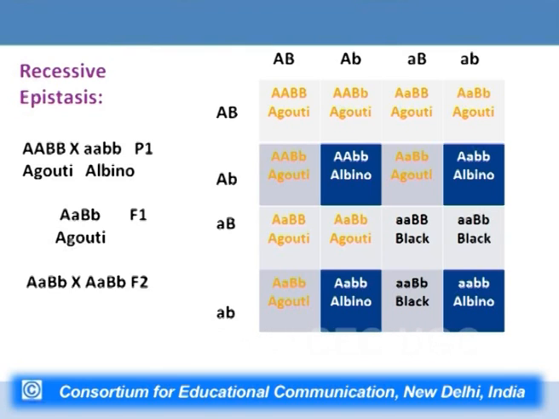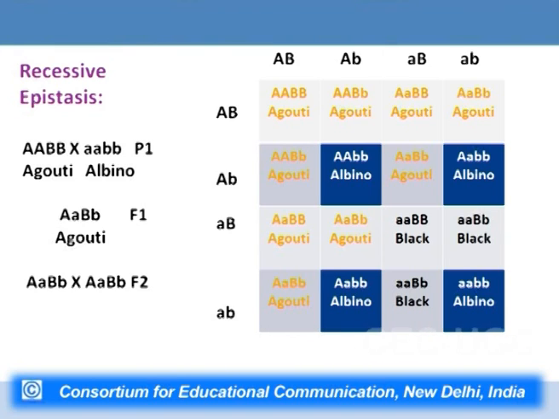When F1 individuals are crossed, it leads to F2 individuals with specific genotypes and phenotypes. F2 individuals are formed when a capital A, capital B, small b individual is crossed with an individual who is also capital A, capital B, small b. As can be seen here, individuals result who are either agouti, albino or black in coloration. Different genotypic combinations give different coloration.